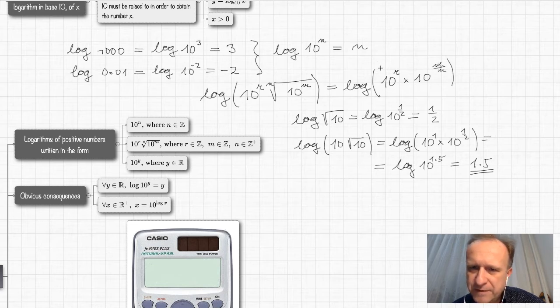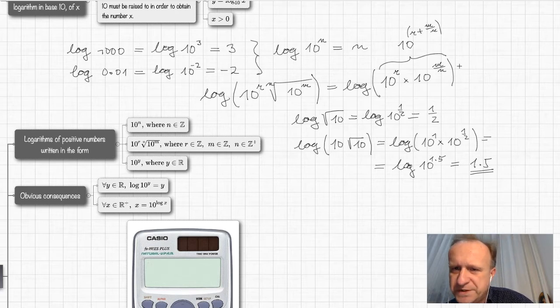And now, having this, you have to multiply two powers of 10, so you have to actually add their powers. So it's the logarithm of 10 to the power of r plus m over n. So this would be the power of the base 10. So what is the logarithm of such a number? Actually it has to be r plus m over n. So it would be an integer value plus a fraction, and that would be your answer.